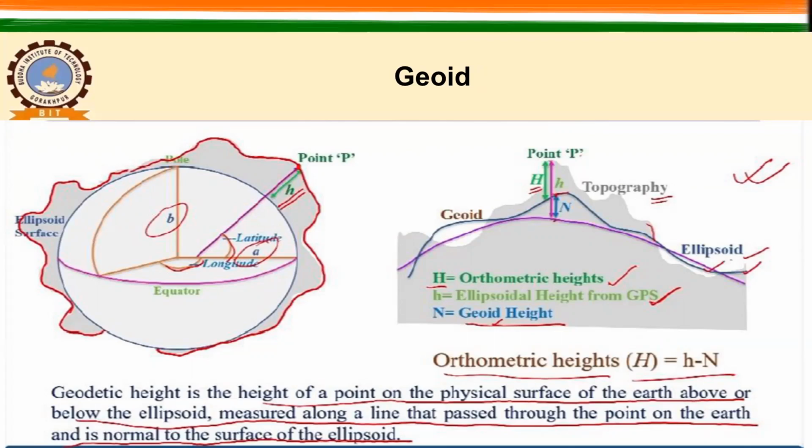If you see the major and minor axes here, the major is A and the minor axis is B. Now if you draw a perpendicular line here, you can see this is your H, which I expressed in the previous slide. This is the H, this is the latitude and this is the longitude, right? Now how do we use this concept to identify a height for a given point?